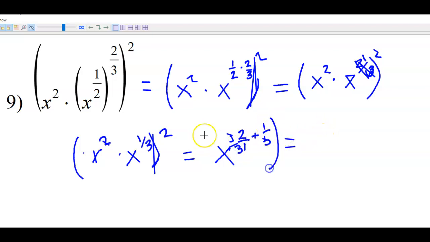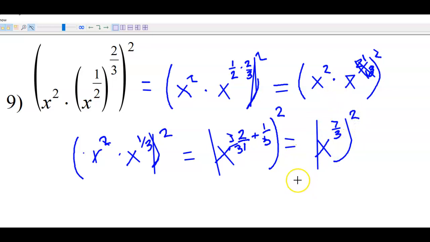And of course I still have the squared outside. So this would be 6/3 plus 1/3, which would be 7/3. And then that is squared.